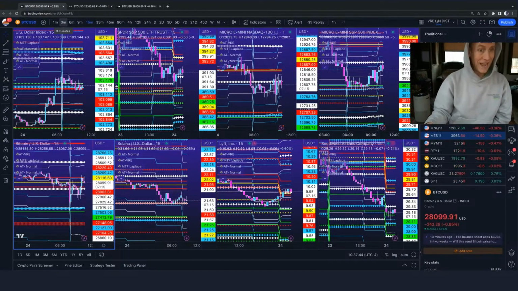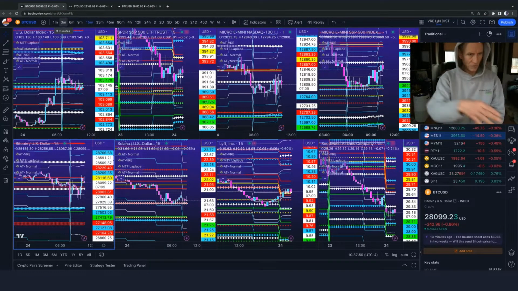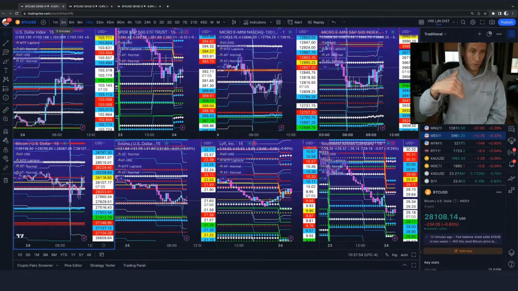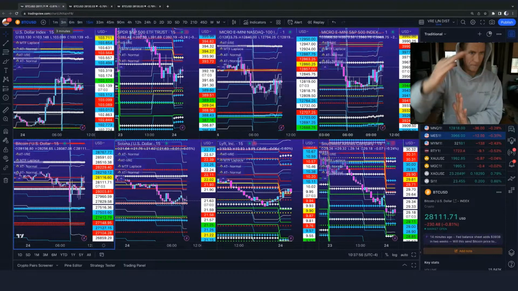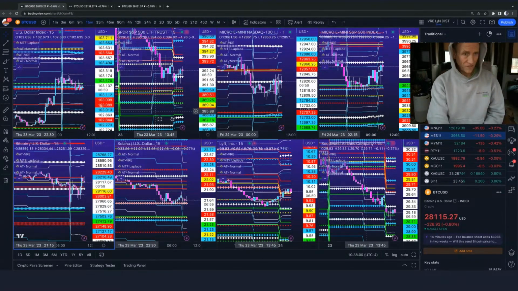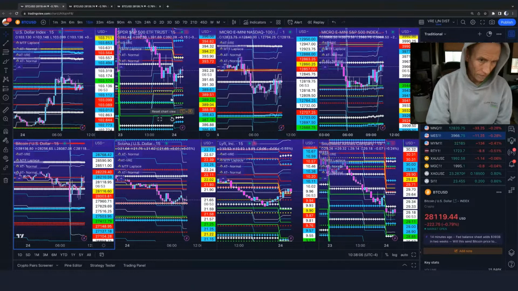And by doing that, right at that open, it's easy trades when you see where the data set is and when you know where that range is going to be. Are we above, are we below? Because you know that range is going to get checked. And that's what I look for every day. If I'm trading intraday, if I'm trading 0 DTE options, that's exactly what I'm looking for.